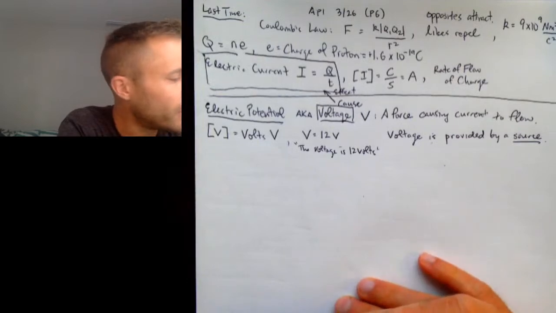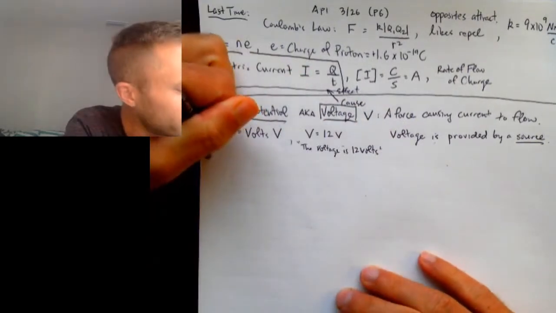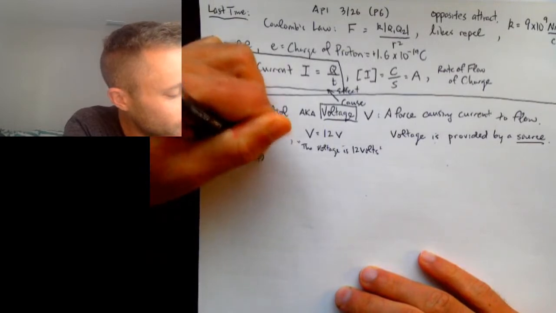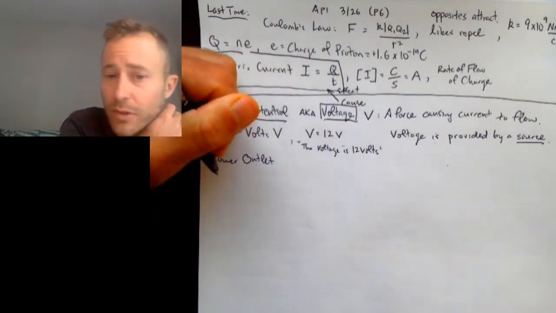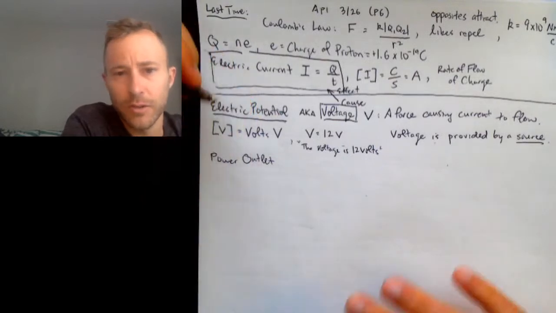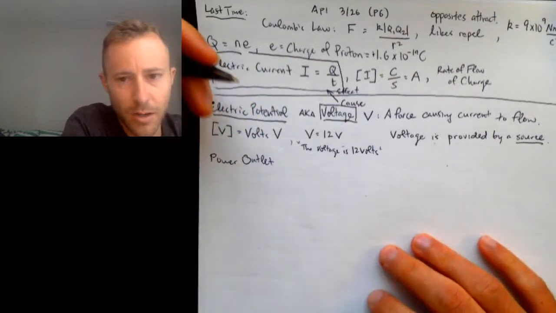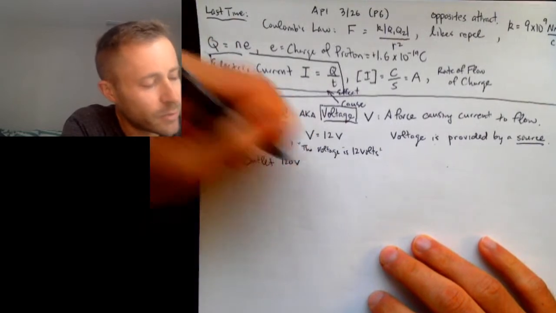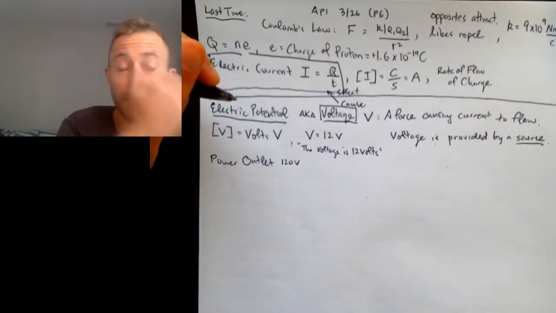There is a power outlet. You have those in your house. And power outlets in America are 120 volts is how much voltage they provide.